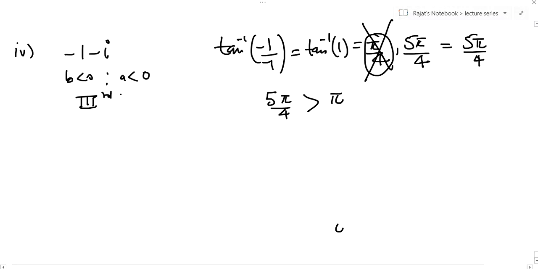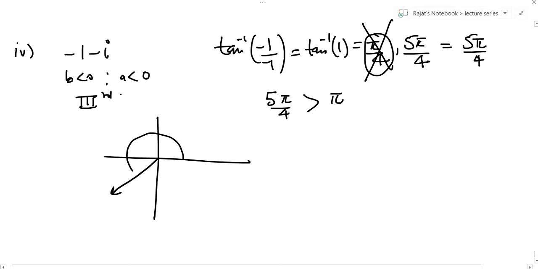So what to do? Again the same thing. If this is the plane and this is the complex number, we are saying this is 5 pi by 4. Instead of doing this, let me rotate like this. This will be minus of 2 pi minus 5 pi by 4, because the entire circle is 2 pi and this particular value is 5 pi by 4.